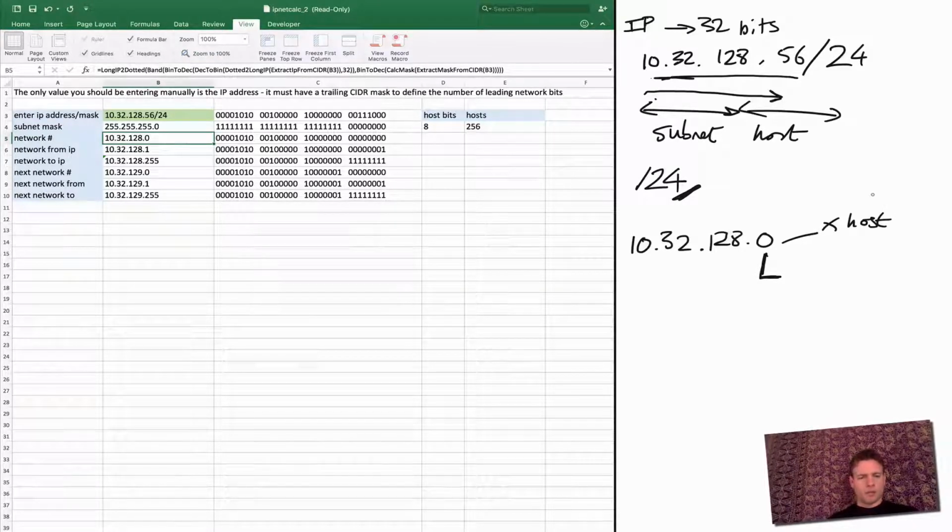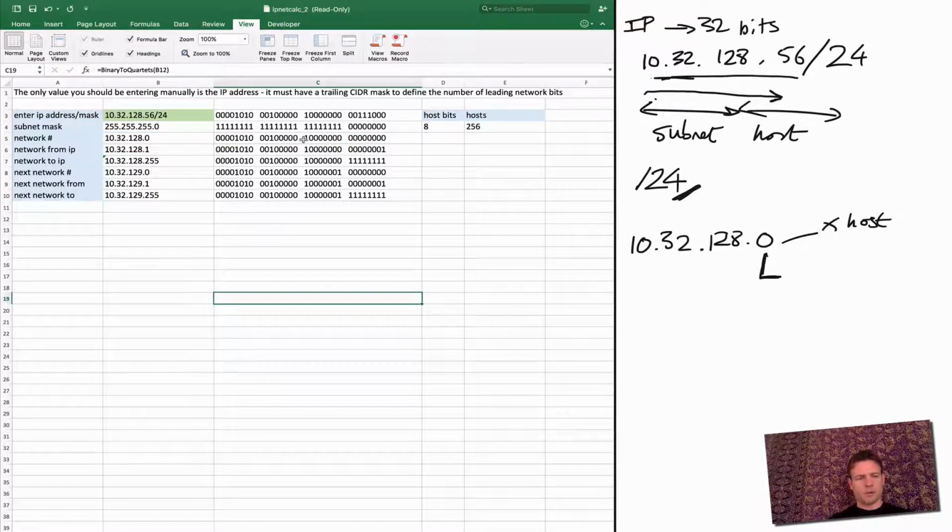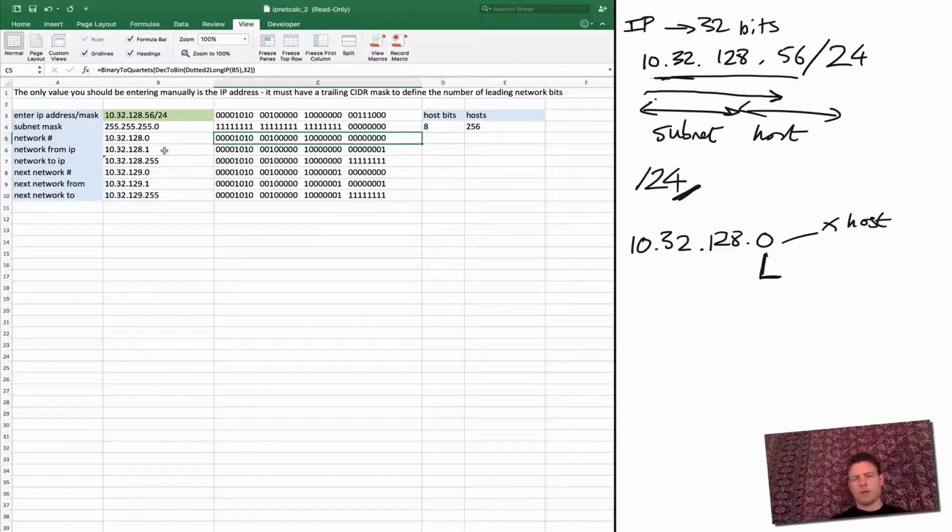So then, if we just move down, you can also see the network number here as a binary number, like this, right? There are lots of formulas here which you don't have to worry about too much unless you're interested in playing around. But that's the network number there, and it also tells you the IP address range within that network number.